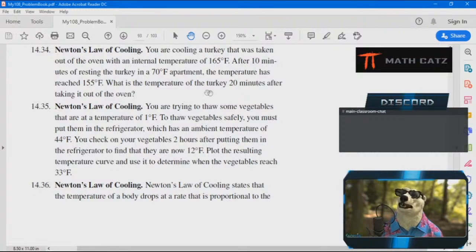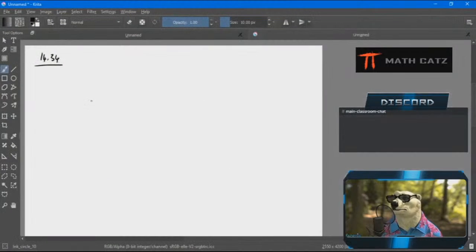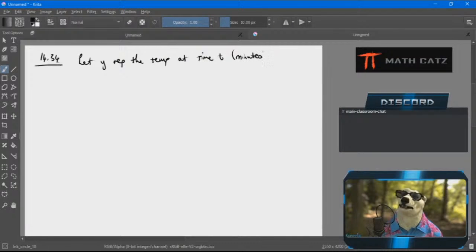What's the temperature of the turkey 20 minutes after taking it out of the oven? All right, so we have our ambient temperature of 70 degrees, and our initial temperature is 165. Time seems to be in minutes. So let's say here, y represents the temperature of the turkey at time t, in minutes.